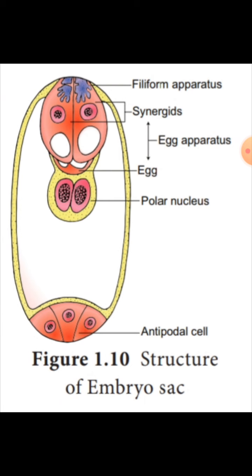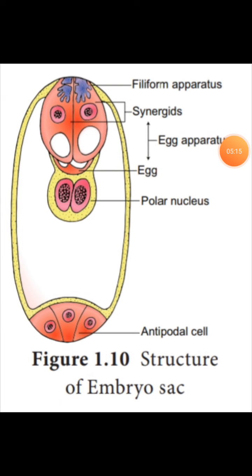At this stage all 8 nuclei are present in a common cytoplasm, by free nuclear divisions. After the last nuclear division, the sac elongates appreciably, assuming a sac-like appearance, followed by cellular organization of the embryo sac.